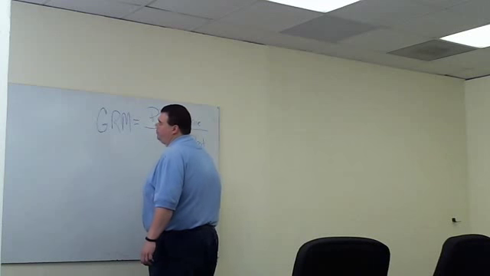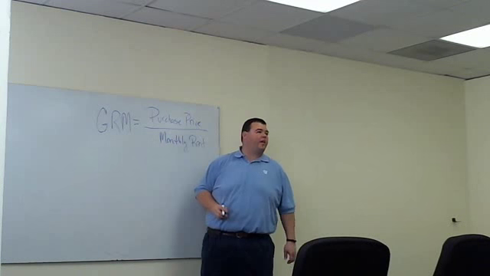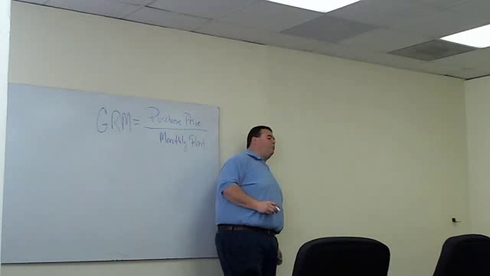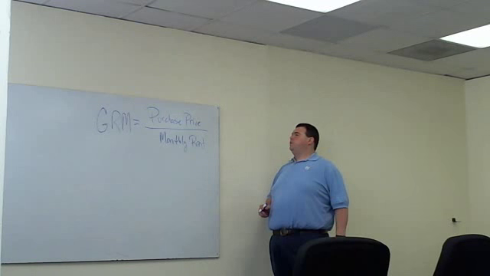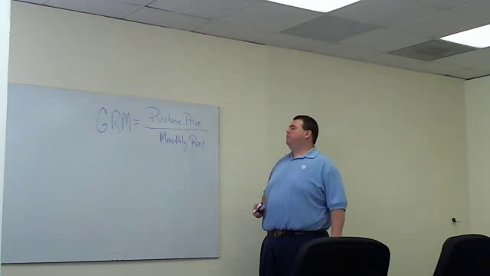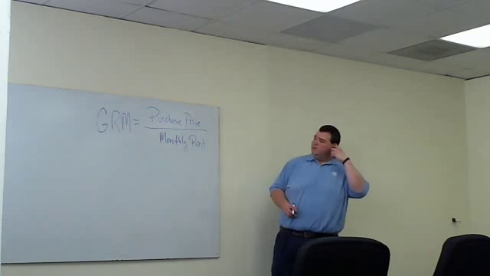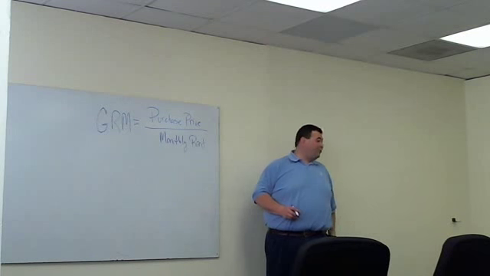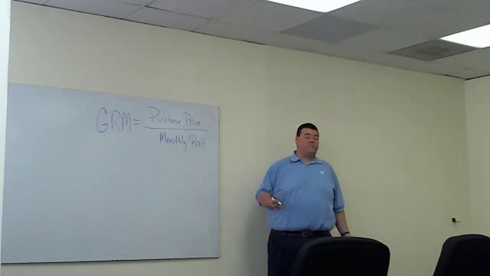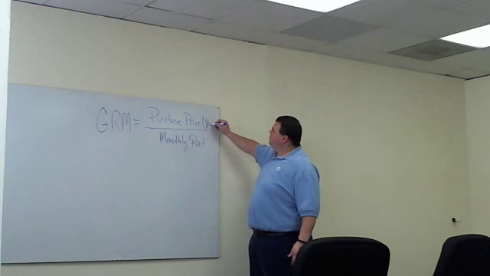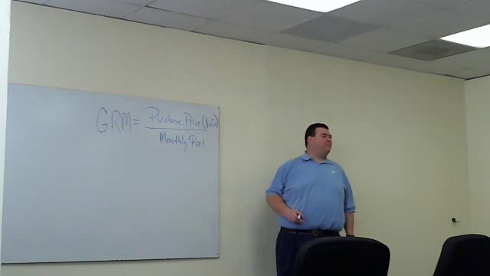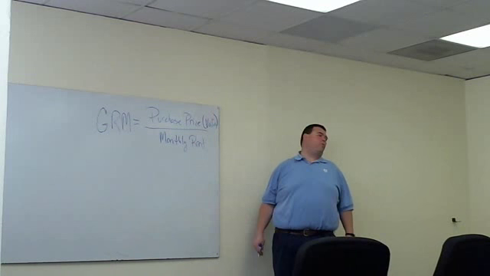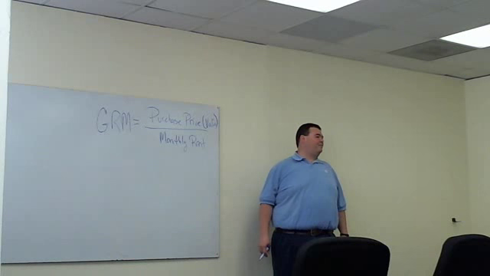This is under income capitalization because it's an income method of coming up with a value. The gross rent multiplier is equal to purchase price or value, same thing, right? Same value. Divided by monthly rent. That's the first formula I've given you that looks like that.